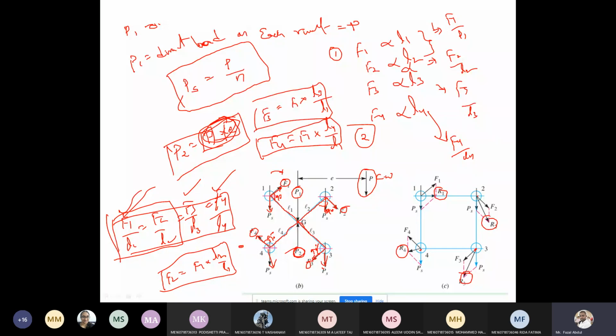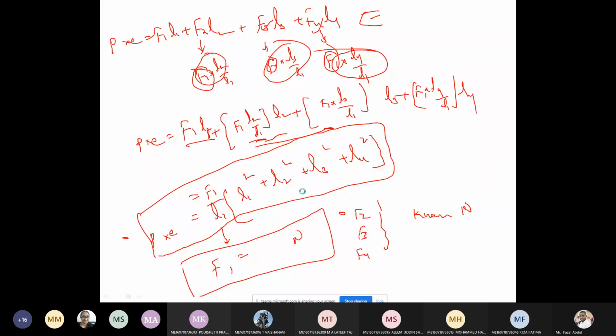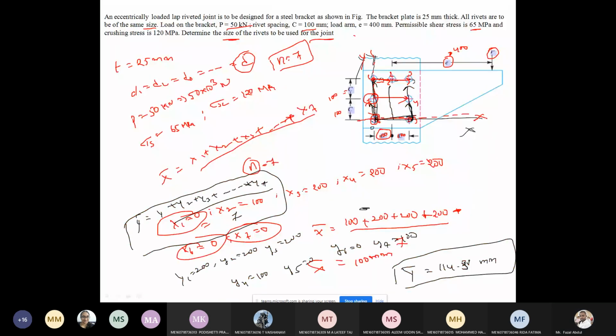First I'm calculating the direct shear stress. P1 is responsible for the direct shear stress.